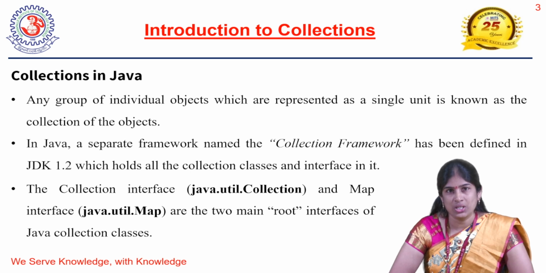Mainly in Java collections, we are using two interfaces, the collection and map interface, which we will discuss in detail. Collection interface is the top interface, which all the interfaces extend. This collection interface and map interface belong to the util package.